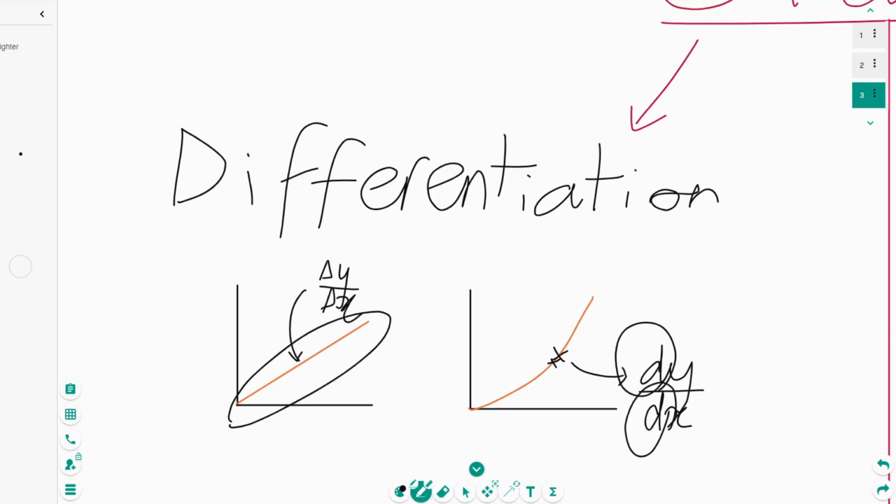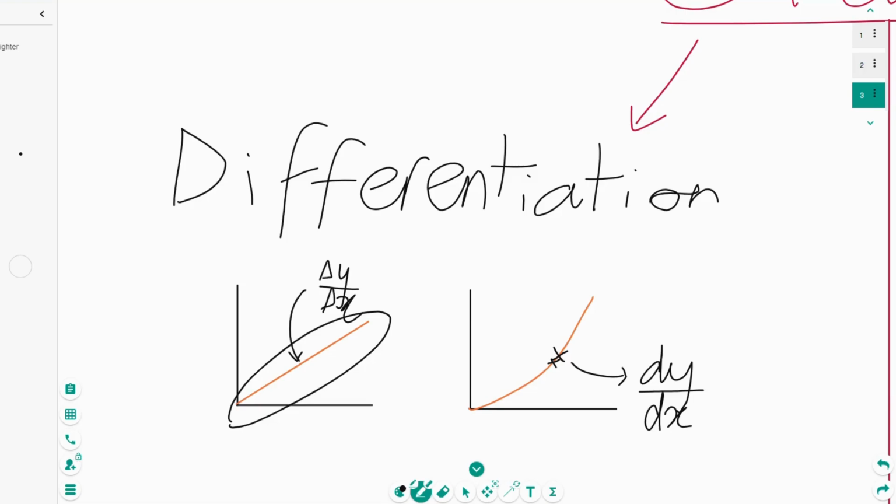And d is the first letter of delta. So maybe the notation is trying to say that we are measuring the change in y by the change in x, where the change in y and the change in x are extremely small.